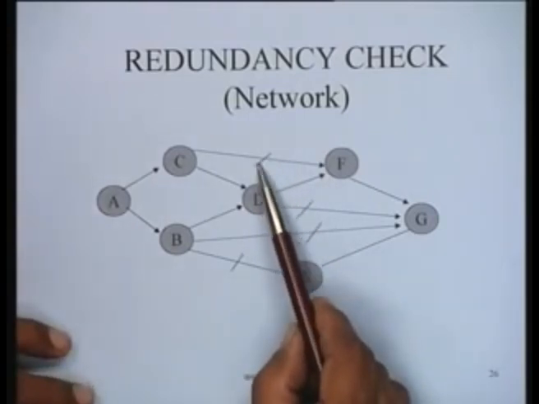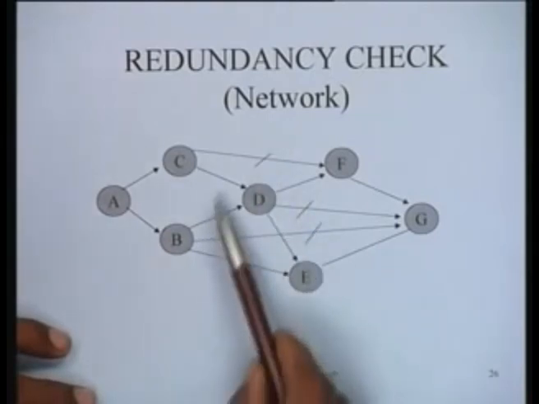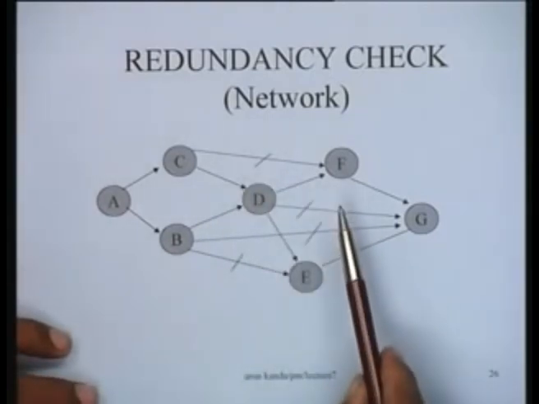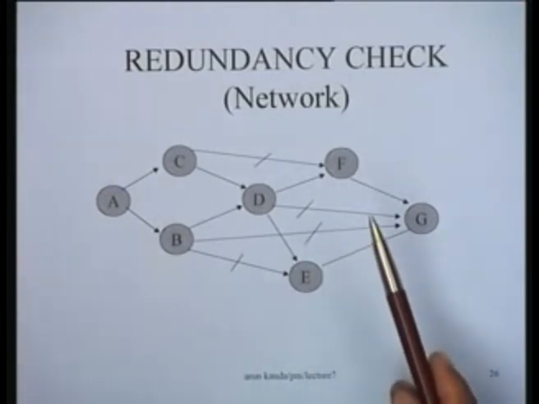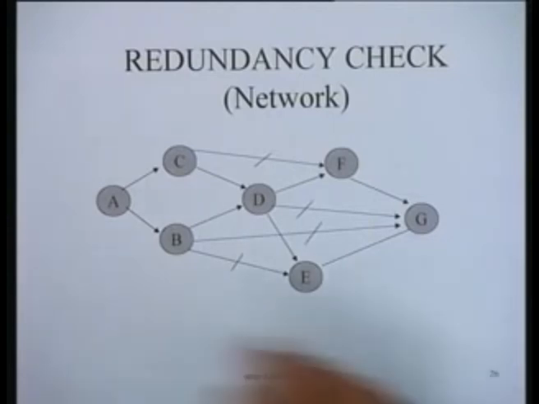So in some cases redundancies might be easy to spot, otherwise you will have to look for a systematic procedure by which it can be done in this particular manner. So this is a procedure that you can adopt for removing redundancies. So let us see what we have tried to do in this particular lecture.